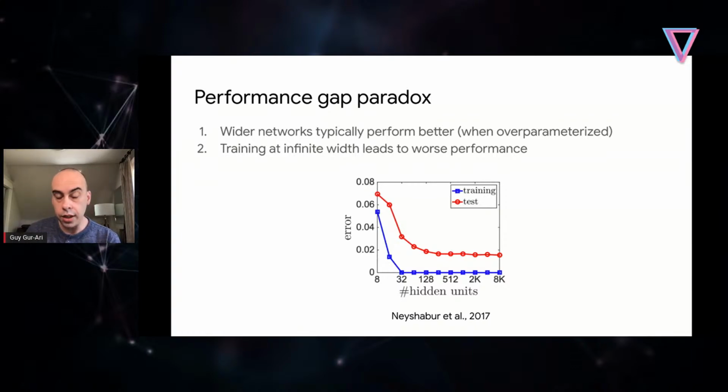The second observation that people made after the neural tangent kernel, the NTK result, came out is this: if we can go to infinite width and get a linear model, that means that we can train the model directly at infinite width. We cannot instantiate a network with infinitely many neurons, but since we understand the kernel that controls the model at infinite width, the neural tangent kernel, we can just forget about the neural network.